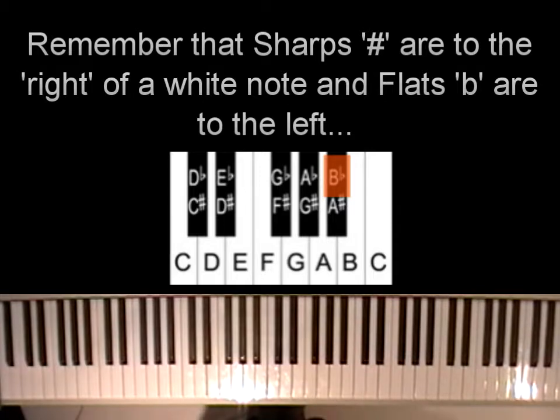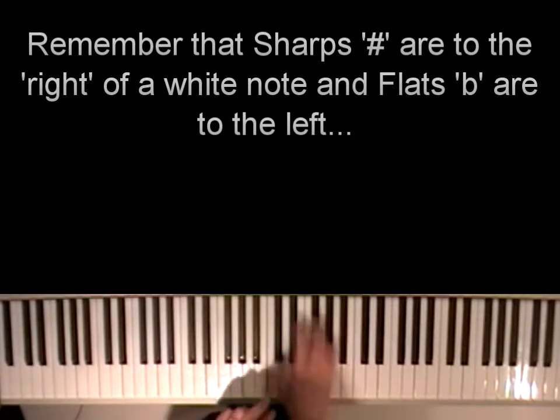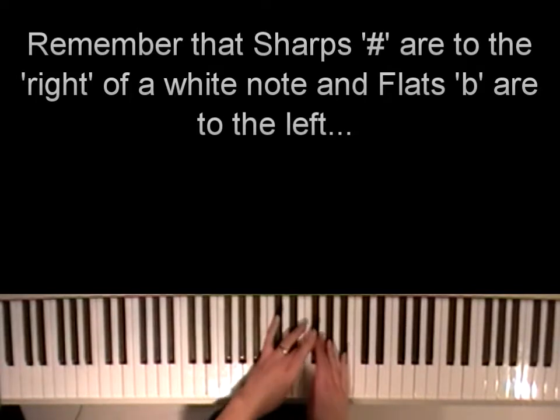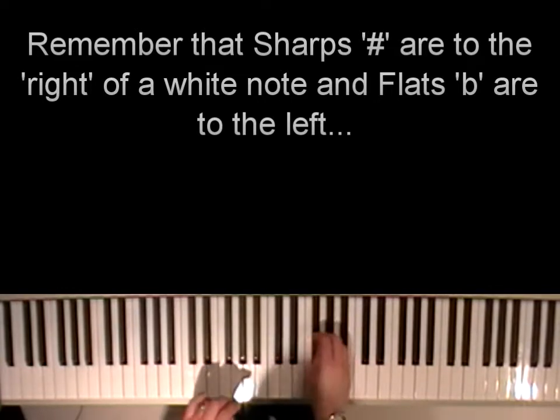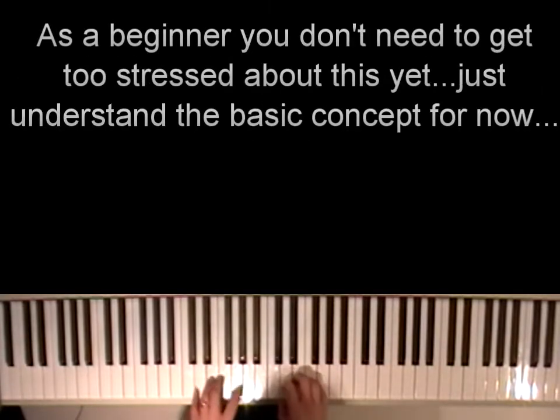Okay, so if you're getting a little bit confused by what I just said, a sharp can be a flat as well. What it means is it depends which direction you're going up the piano, which key signature it's in.